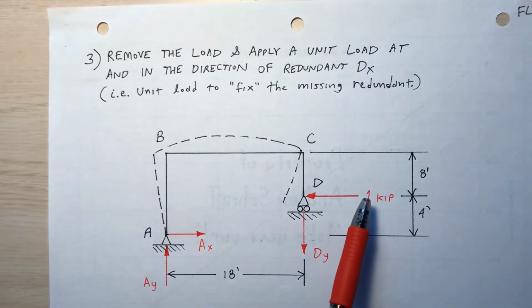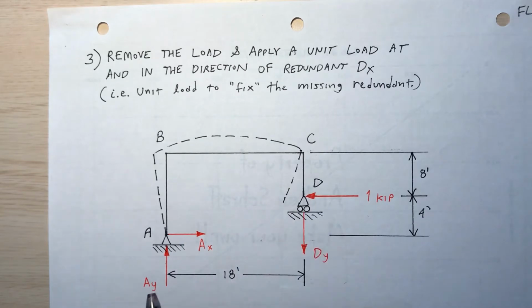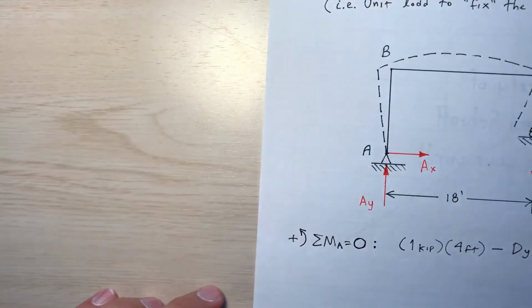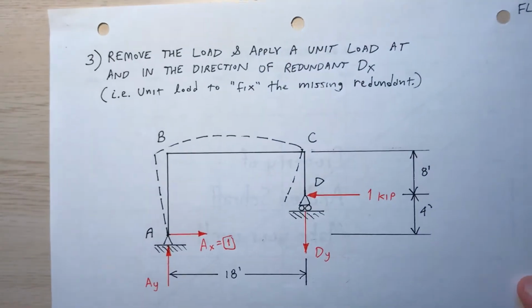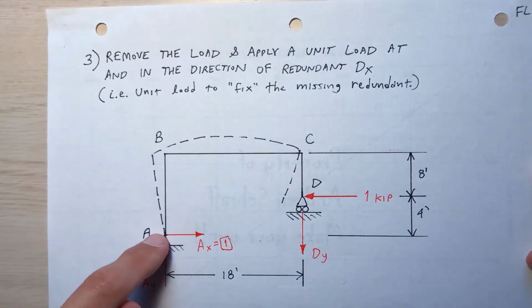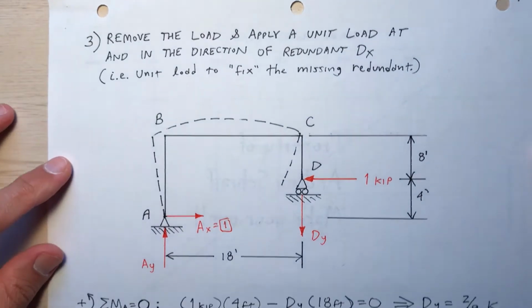Okay, so I show the 1 kip load at D, and I show the reactions. I've got a vertical and a horizontal reaction at A, and a vertical reaction at D. Obviously, the sum of the forces in the x direction is 0, so by inspection, I can determine that A sub x is 1. And then take the sum of the moments about point A to determine D sub y.